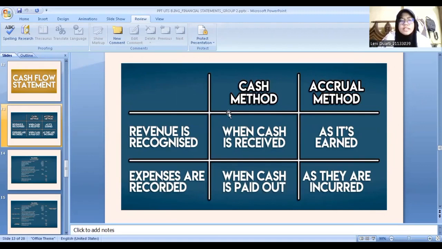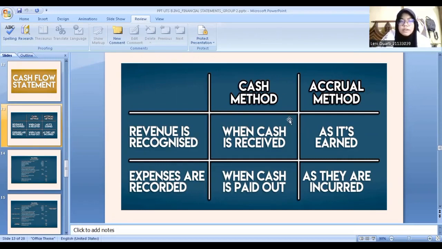What if Delicious makes a large sale, but the customer doesn't pay the invoice until the following accounting period? Their revenue could be understated in the period that they made the sale and overstated in the following period when they received the cash.